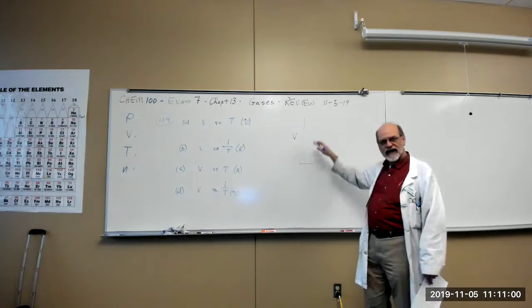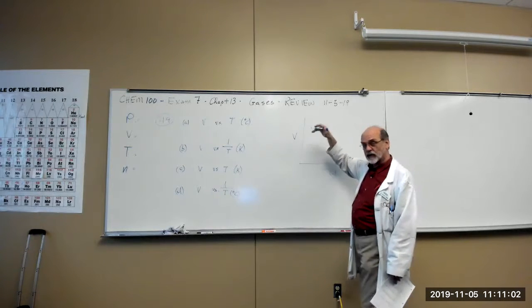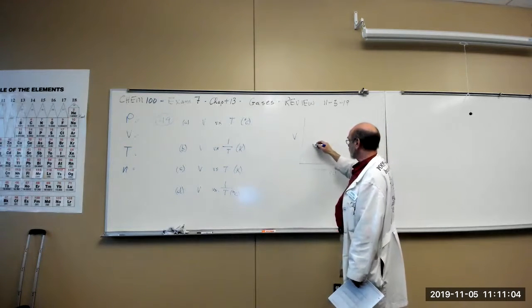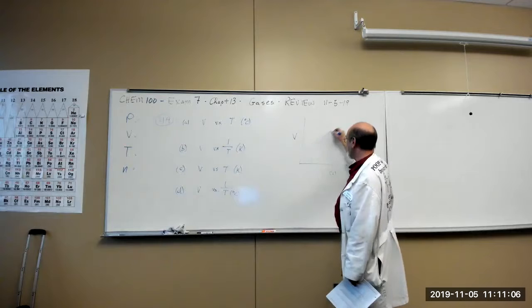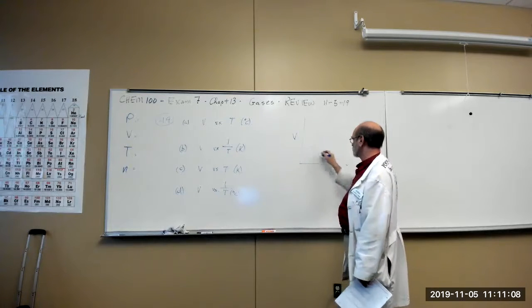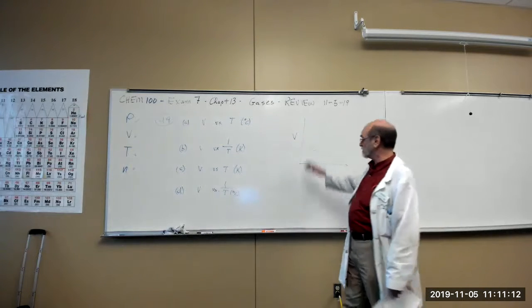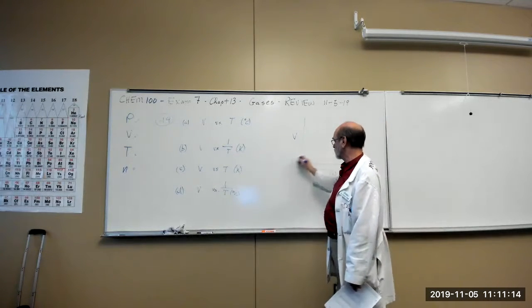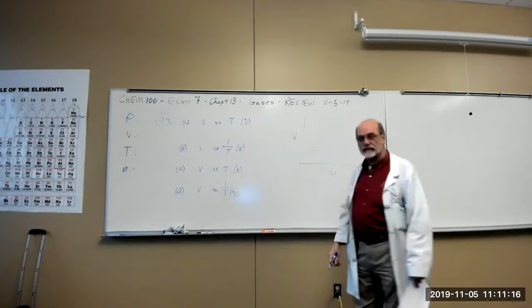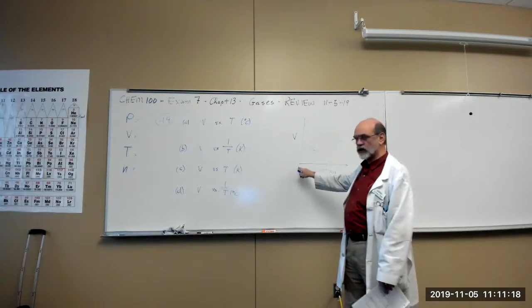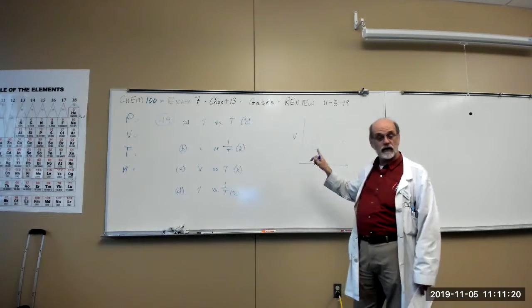Remember all those different gases on the one slide in the PowerPoints? Some of them went like this, some went like that. But where did they all cross the y-axis? Up here, right? None of them went through the origin. We want the one that goes through the origin.